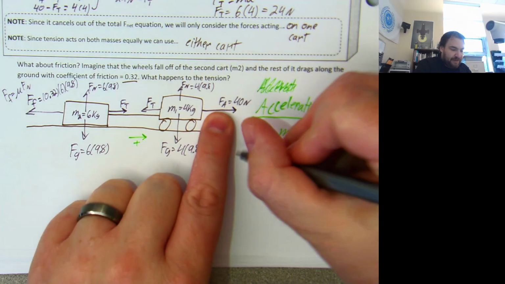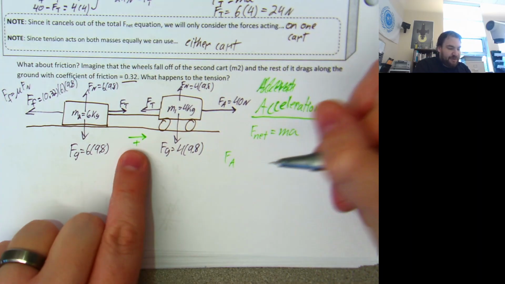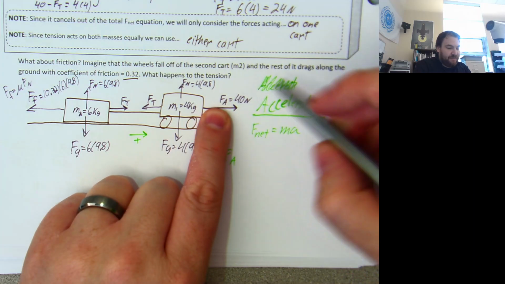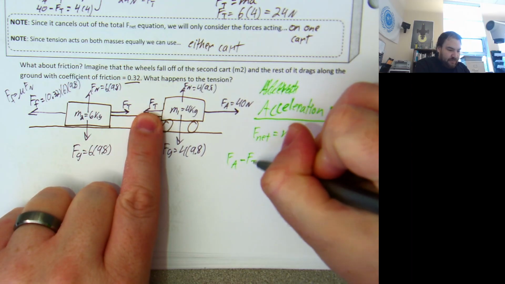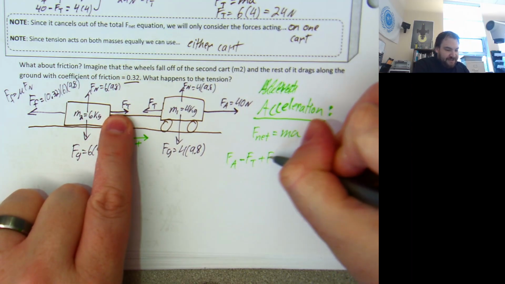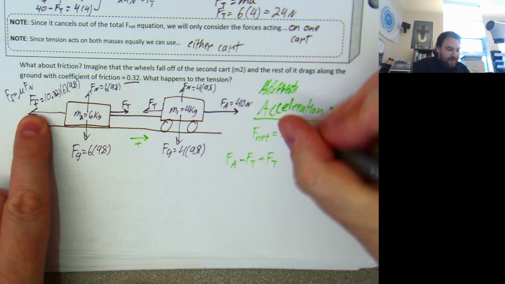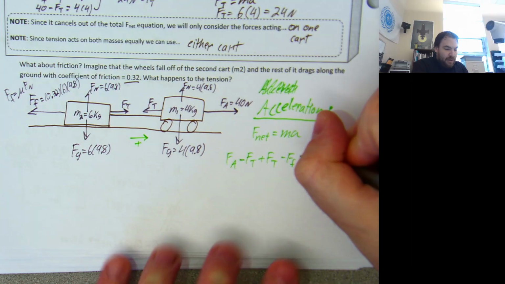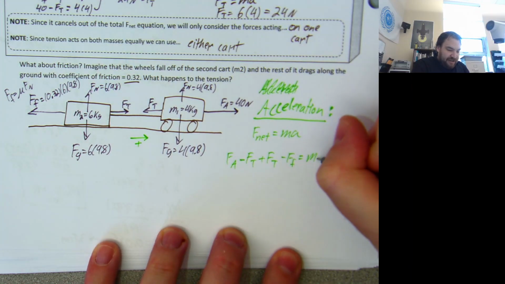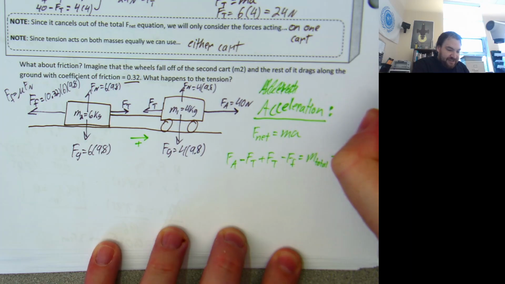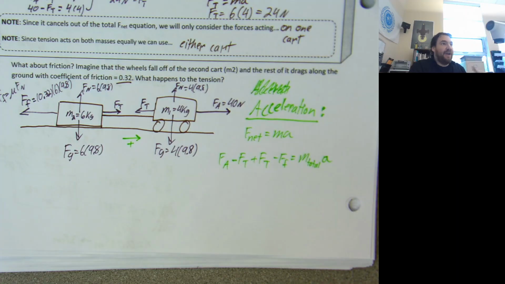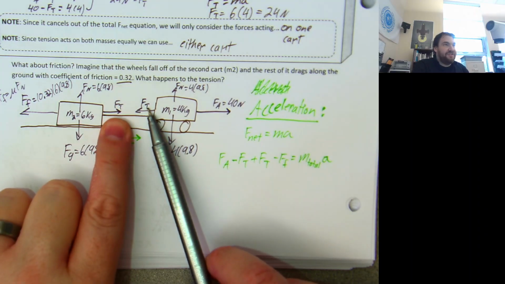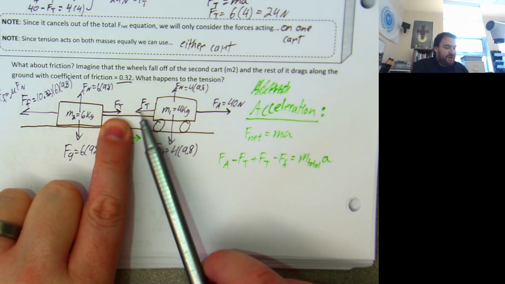The first one is this applied force. We said to the right was positive, it's to the right, it's positive, and I'm just going to keep moving left. We're going to have a negative Ft. We're going to have a positive Ft. We're going to have a negative force of friction, and this is going to equal the mass total times the acceleration of the system. And now we can go ahead and start plugging in values. These two tensions are on the same rope, so we don't have to label them special, they're equal.